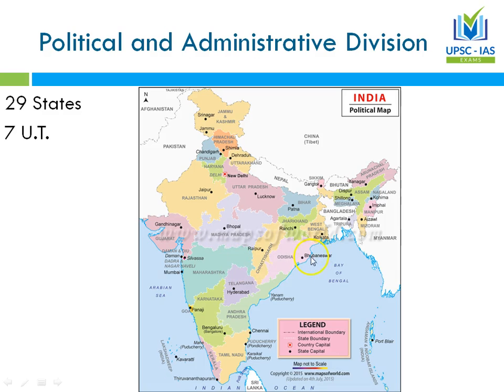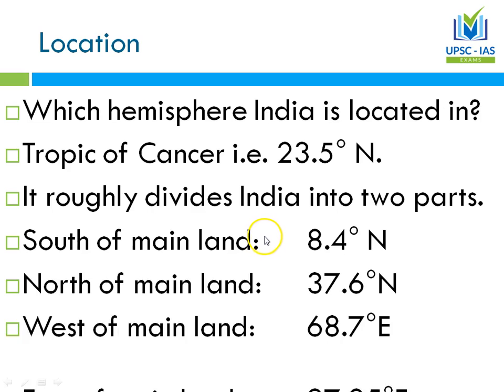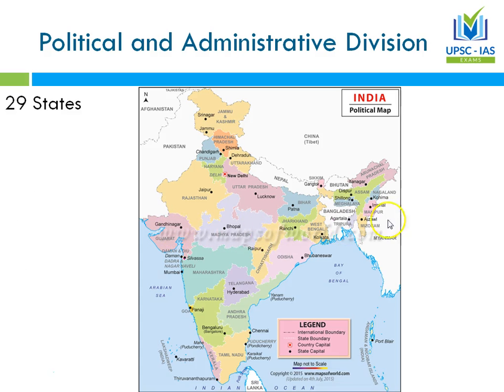Then you can also try new things like the Tropic of Cancer. Observe in your physical map whether the Tropic of Cancer passes through Odisha or not. So you learn two things whenever you hear anything in the news regarding Odisha: one is that the Bay of Bengal is there, and the other is that the Tropic of Cancer is not passing through Odisha.